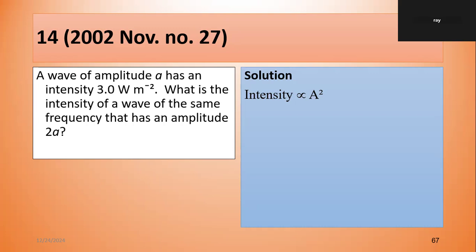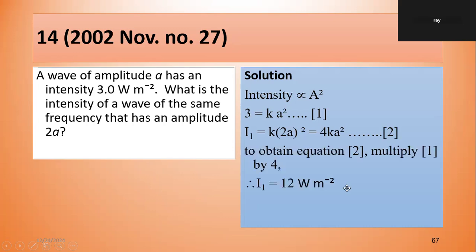Basically, you have to use intensity is proportional to amplitude squared. Whatever is given, amplitude A, intensity is 3, write down. And what is the intensity of the wave of the same frequency that has amplitude 2A? Work it out again. The intensity is equal to K, this is 2A squared. So it's 4 Ka squared. Ka squared is 3. So it's 12.